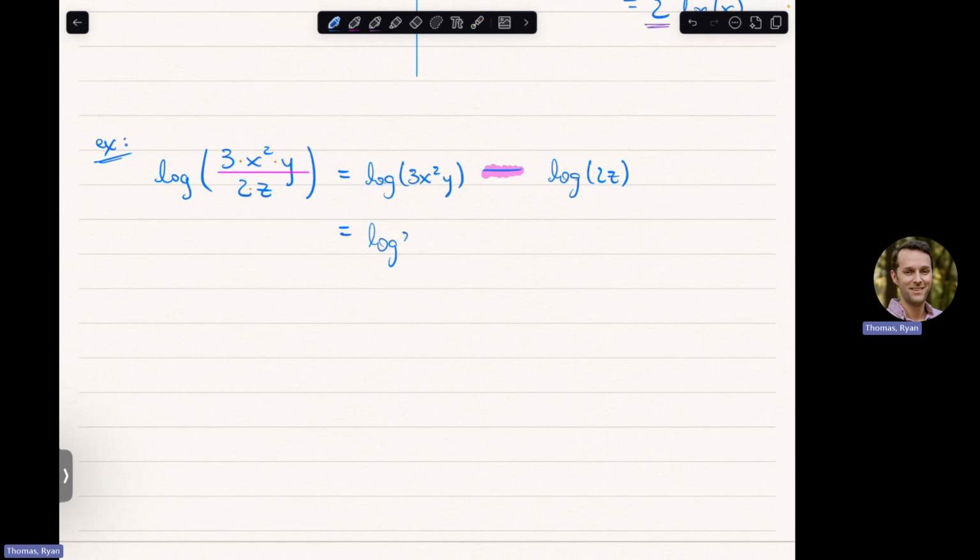I'm going to break those up. May actually need more room. So the log of 3 plus the log of x squared plus the log of y. That's taking each of the multiplications there and there and using the product rule.